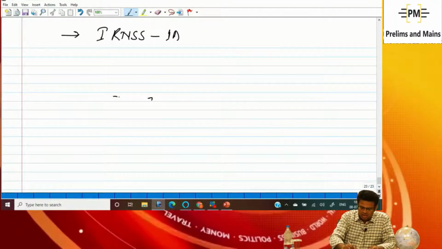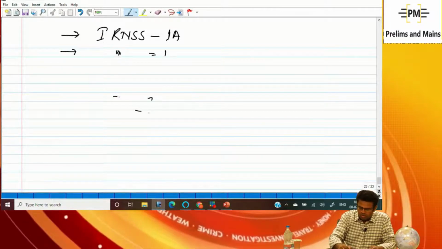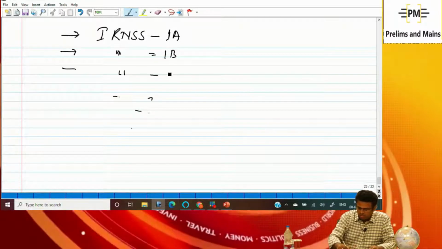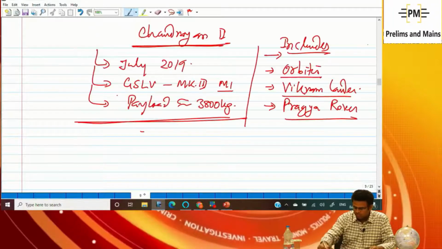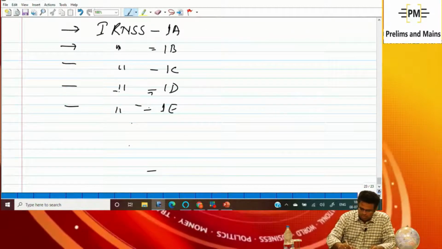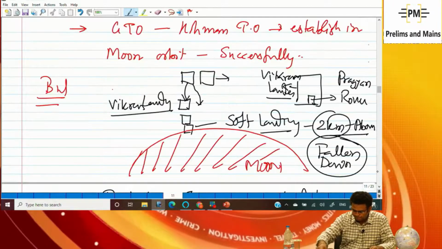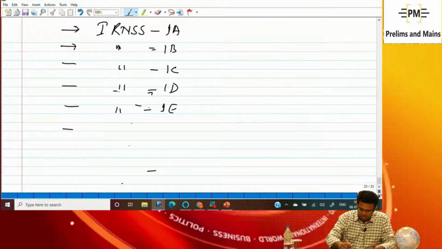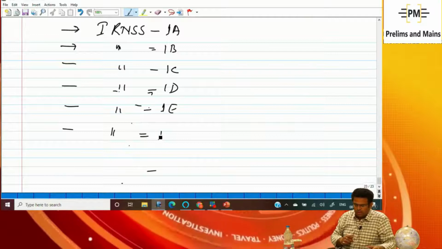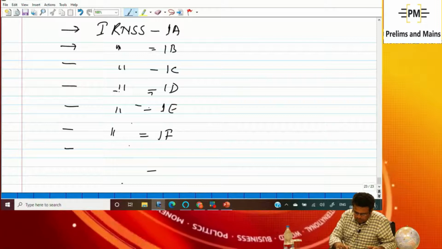Similarly, IRNSS 1B, 1C, 1D, 1E, 1F, and IRNSS 1G.